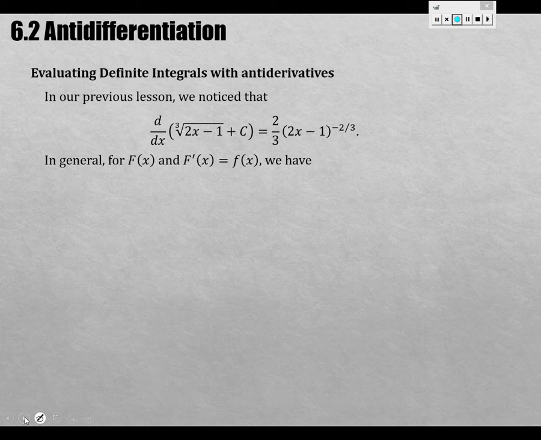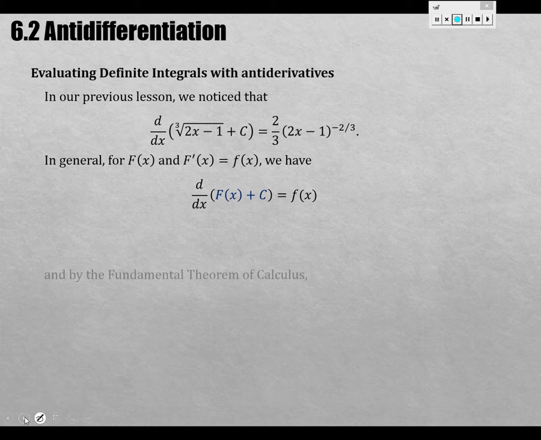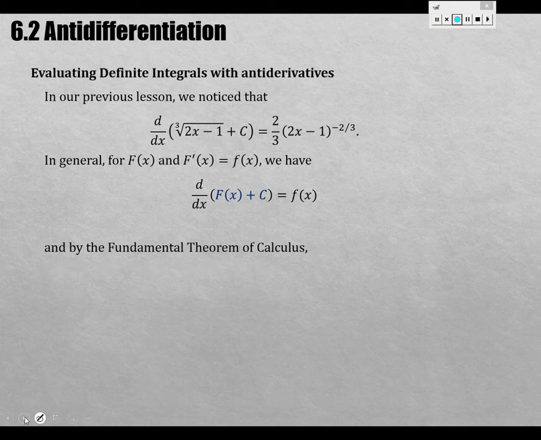Here we go. So in our previous lesson, we talked about this. If this is capital F in here, and this is little f, then this is true. And by the fundamental theorem of calculus, which we've talked about quite a bit, we have this.